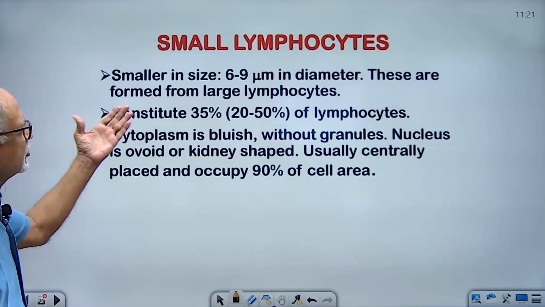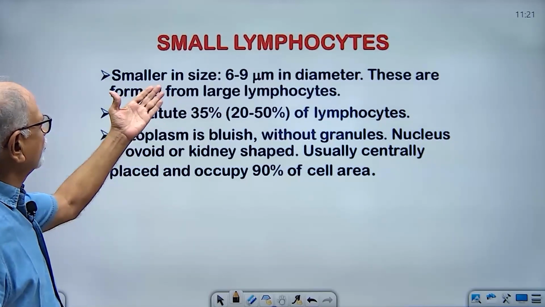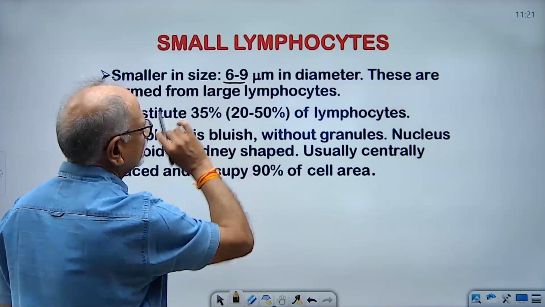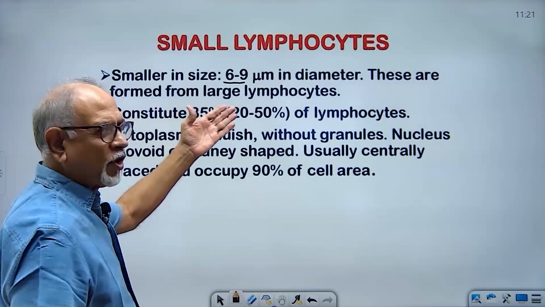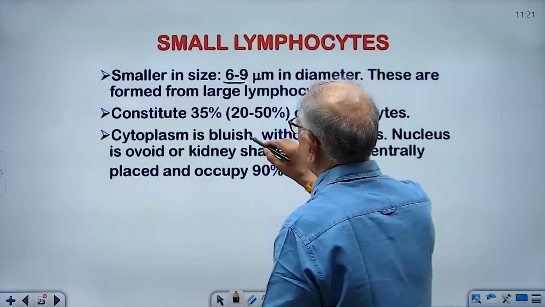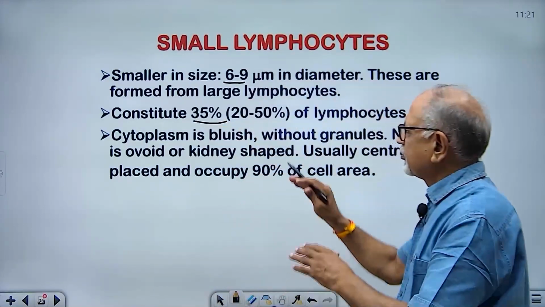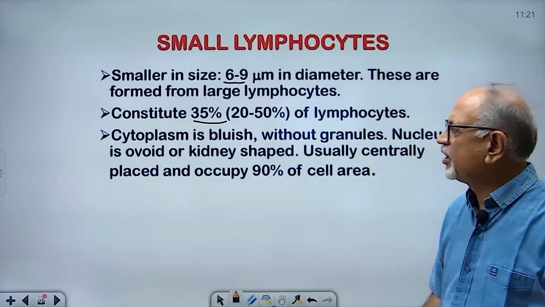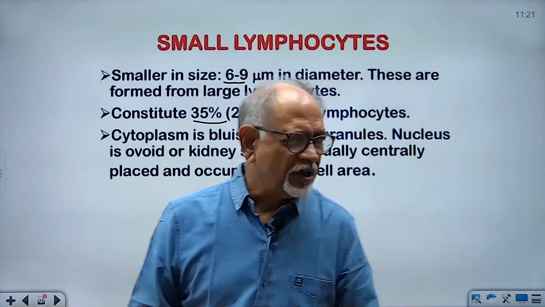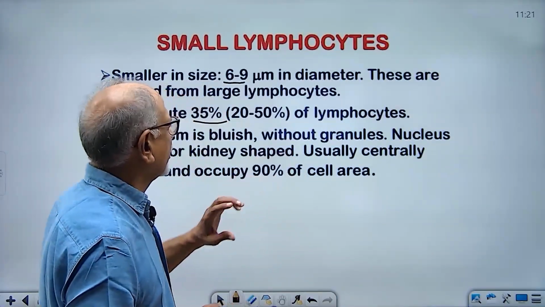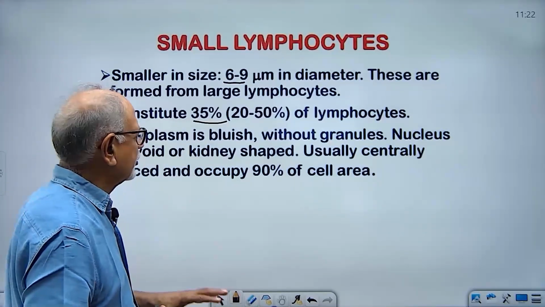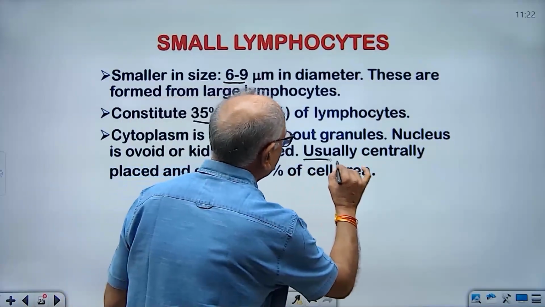Now, the characteristics of a small lymphocyte, they are smaller in size, that is about 6 to 9 μm in diameter. These are formed from the larger lymphocytes. They constitute about 35%, that is 20 to 50% of lymphocytes. Then their cytoplasm is bluish with some smaller granules. Nucleus is ovoid. It is kidney shaped, which is usually centrally placed.